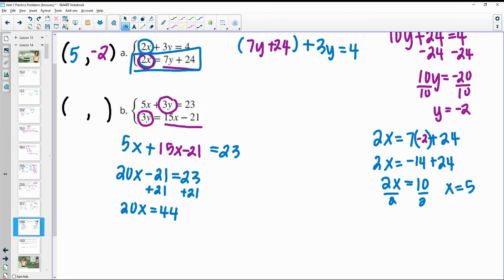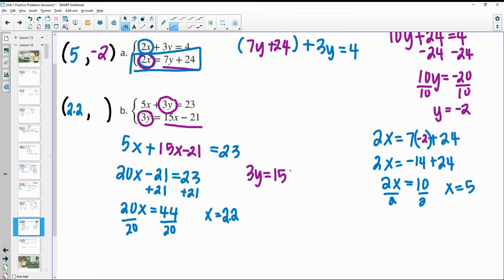So then we'll divide by 20 on both sides, and we end up with x equals 2.2. So I can put that into the solution. Then we'll go ahead and plug that in to get y. You can plug this into either equation. I'm just going to do it in the bottom one.